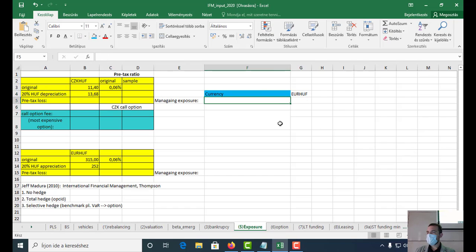And it also has an exchange rate, so the spot exchange rate. Let's say historical 315, and obviously we have some contract values, so we have some incomes.